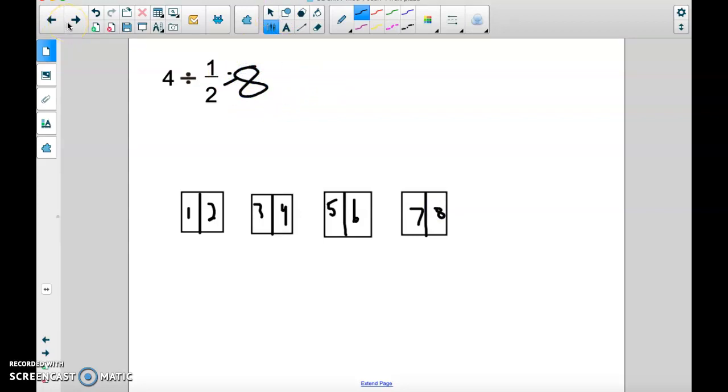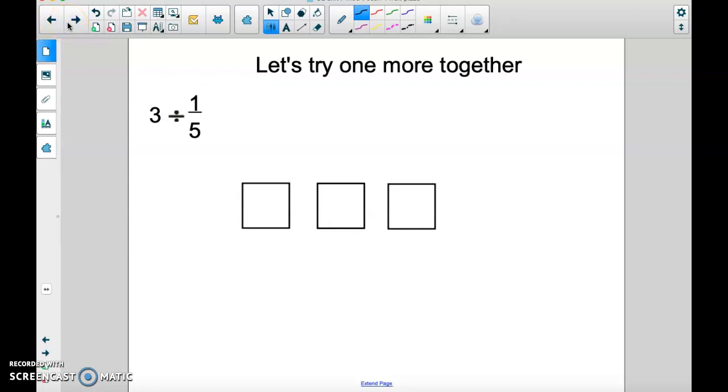Okay, so one more. 3 divided by 1/5. Go ahead, pause your video, solve it. When you're ready, come back. So hopefully by now this is jogging our memory quite well. This wasn't too long ago, so it shouldn't be that far out of our memory. But we have to see how many 1/5s are in each whole, right?